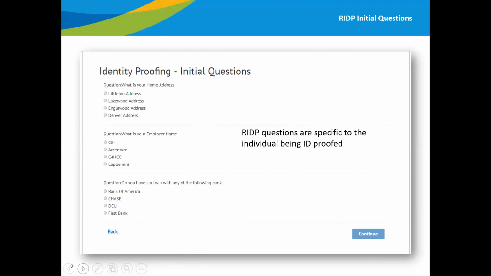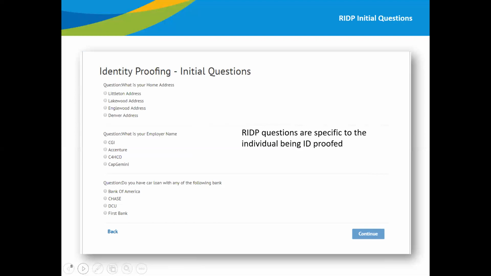And these are similar to questions that you might see when trying to fill out other online applications, such as a bank loan. It's going to ask about previous or current places of employment, address, if they've had a bank account with a previous institution. Again, things that should only be answerable by the consumer.